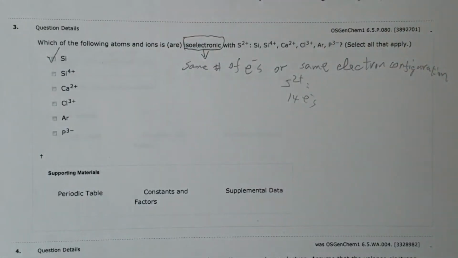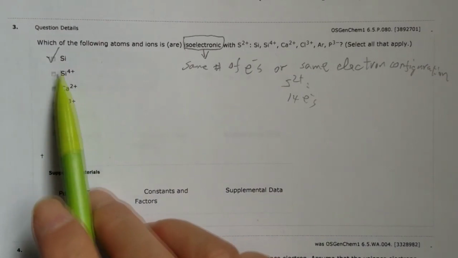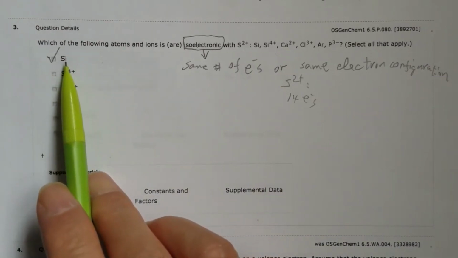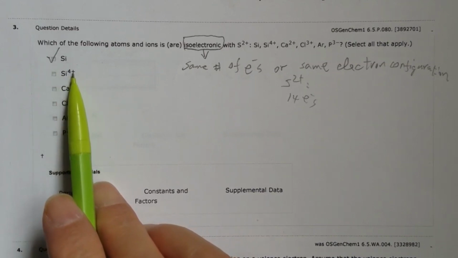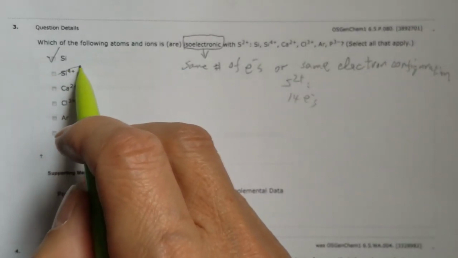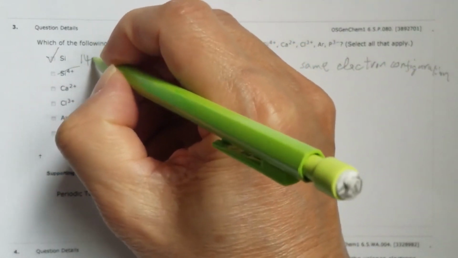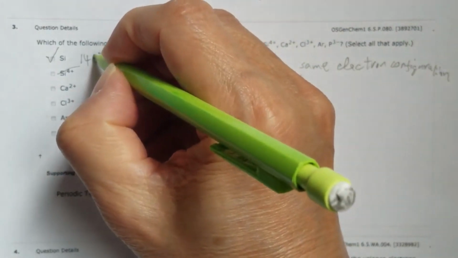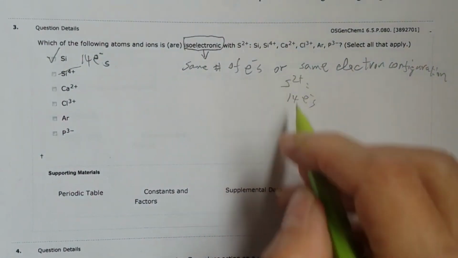So now Si4+, we don't even need to look at the periodic table anymore, because the silicon atom has 14 electrons, lost 4 electrons, and only has 10. So that one is out. Let me put that down. Silicon atom has 14 electrons, which matches the 14 electrons of S2+.